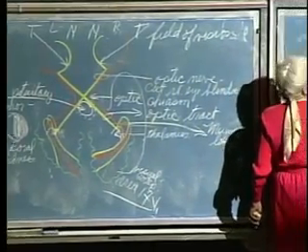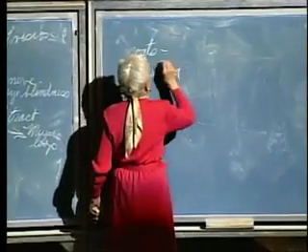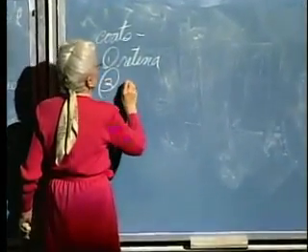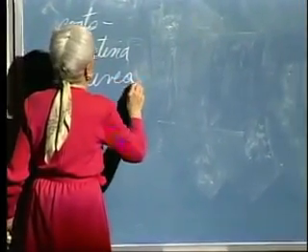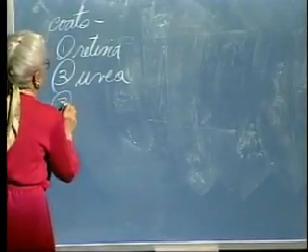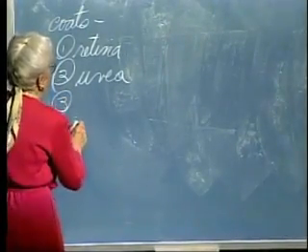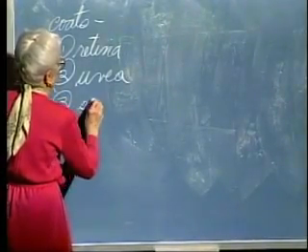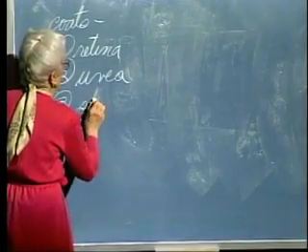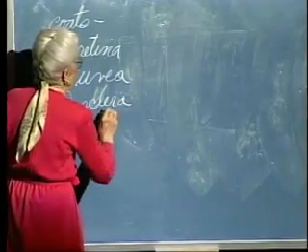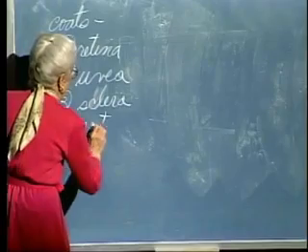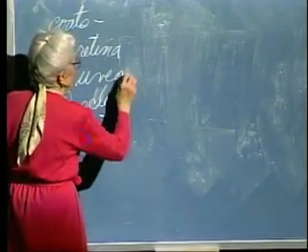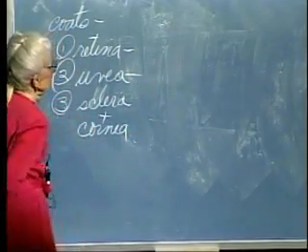One will be the retina. Two will be the uvea. And three will be the sclera and the cornea. So we've done the retina.